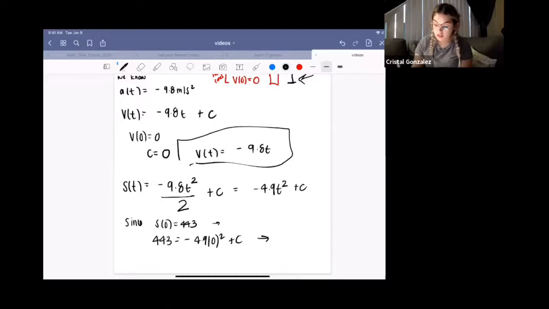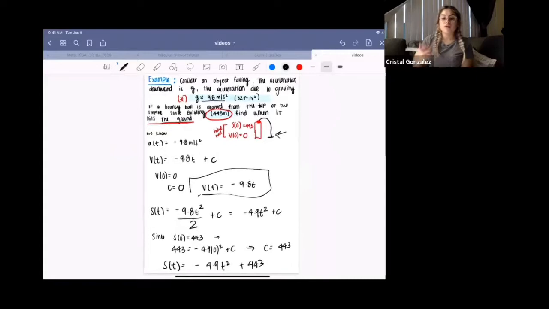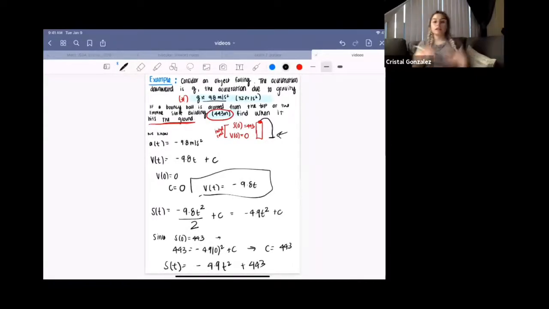So this tells us that c is equal to 443. So our position function is S of t is equal to negative 4.9 t squared plus 443.